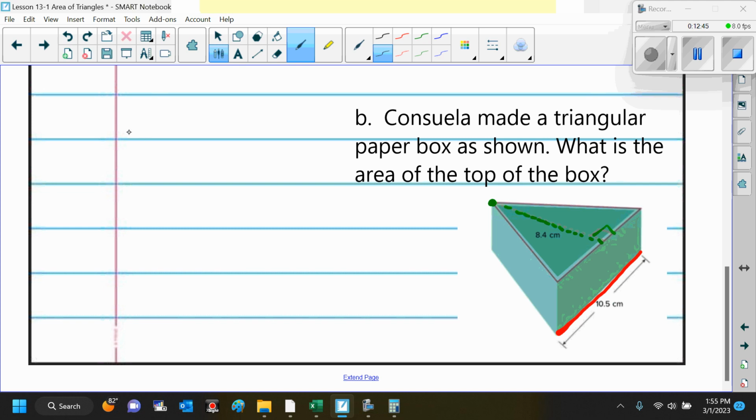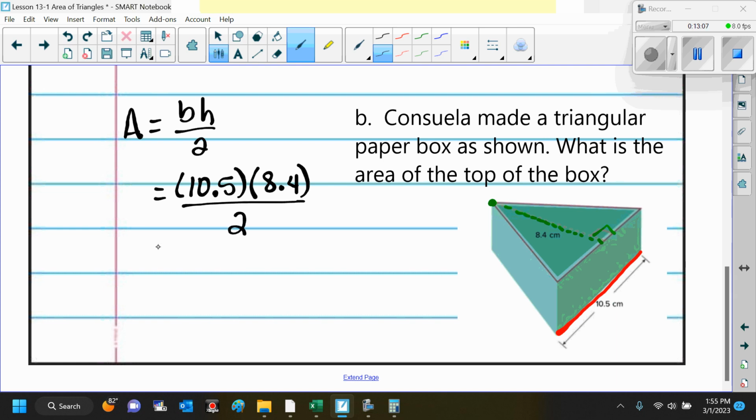Well, I'll use the base times height divided by 2. So area is equal to base times height divided by 2. Remember, write your formula. Now we do our substitution. So the base is 10.5 times the height, which is 8.4. And we're going to divide that by 2.